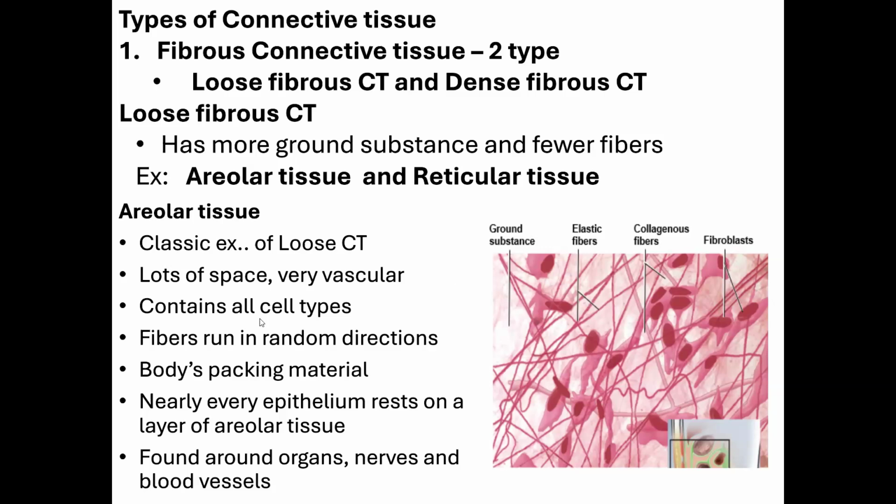You saw the areolar tissue, and that's a classic example of a loose connective tissue, which means there's a lot of spaces. Most of the cell types are seen here. You see collagen fibers running in random direction. This is the body's packing material.